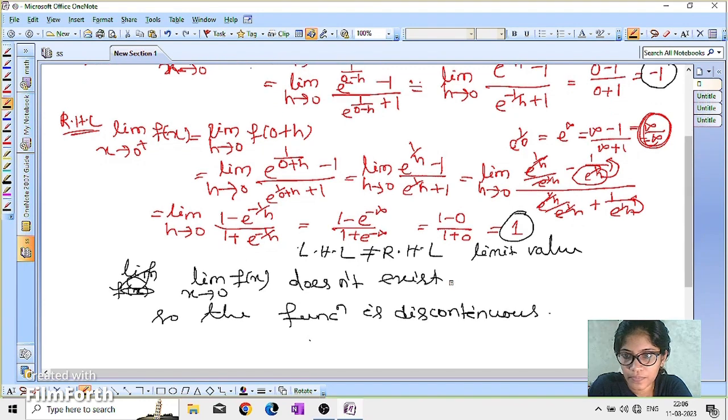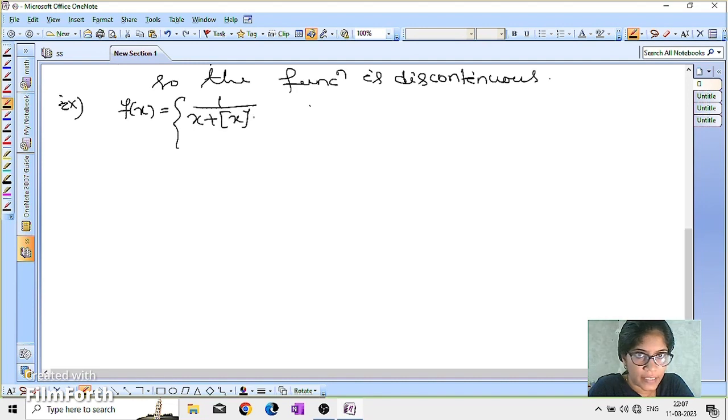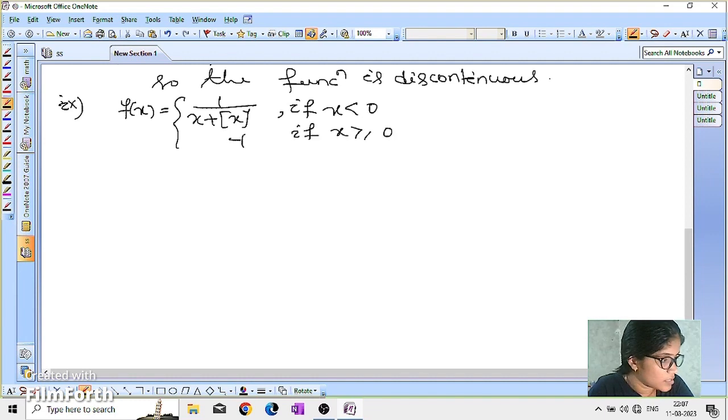Okay. Question number IX: the given function is f of x equal to 1 by x plus greatest integer function of x if x is less than 0, and minus 1 if x is greater than or equal to 0.